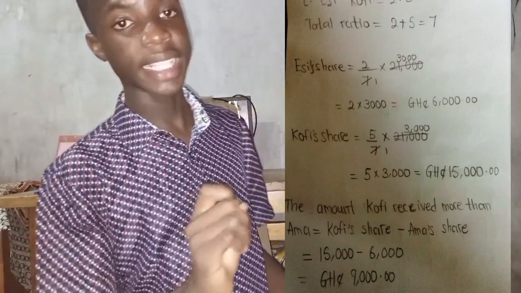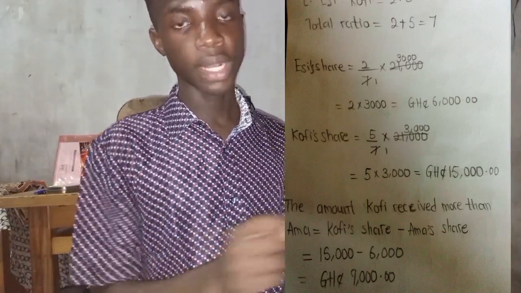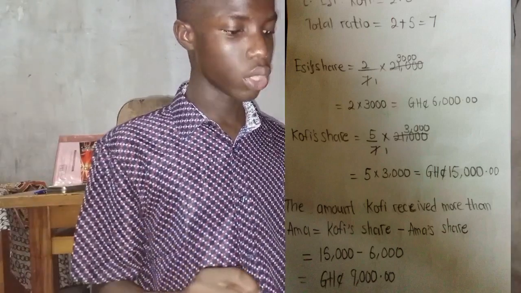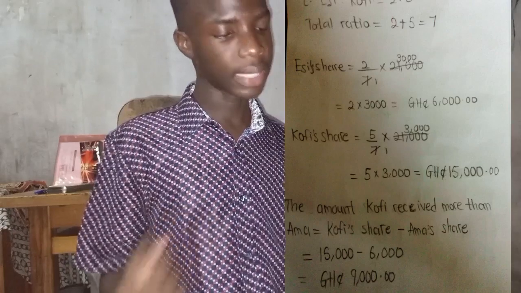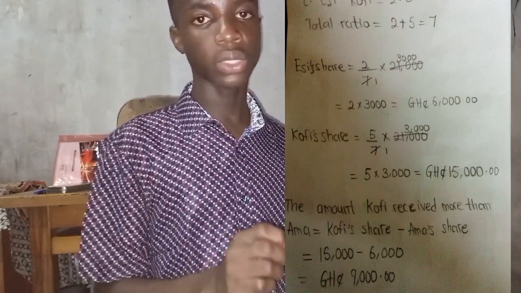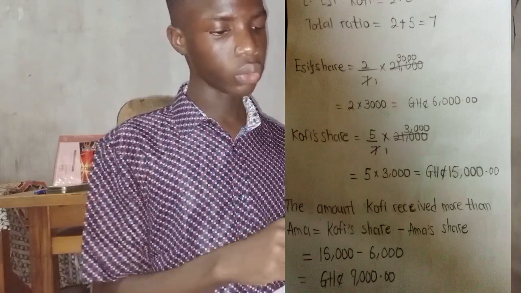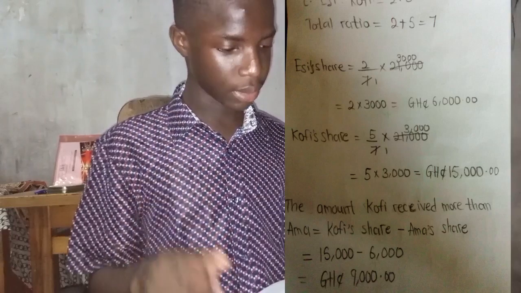So now we look for Bece's share. Bece's ratio is 2 over the total ratio times the money shared, which is 21,000. So it is 2 over 7 times 21,000. The 7 cancels into 21, giving 3,000. So 2 times 3,000, we get 6,000 Ghana cedis for Bece.